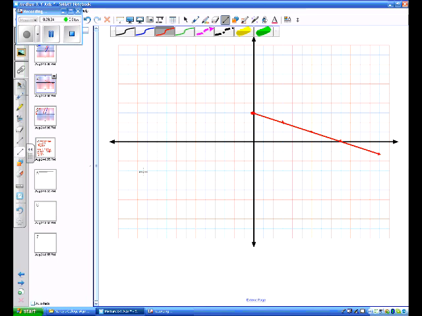And then our other one, our intercept was at -5, and we have a slope of -1/3. So we go down 1, to the right 3, and so on. And we'll draw that line.